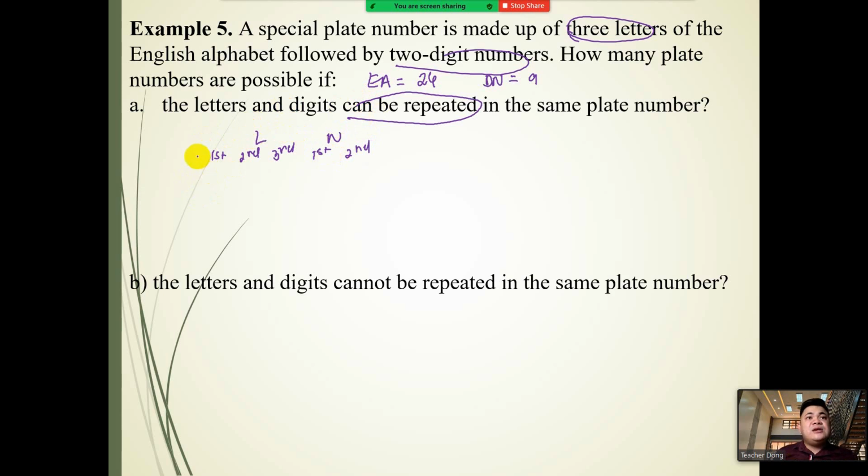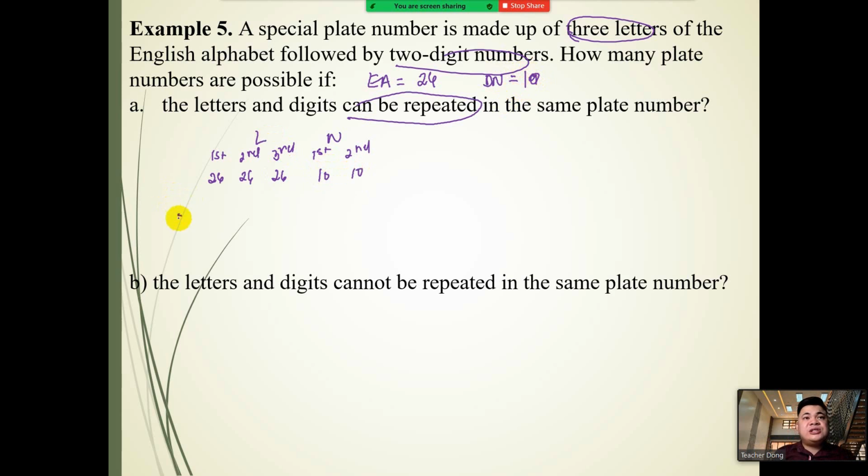Now, for the letters, since they can be repeated, for the first letter we have 26 choices. And since we can repeat, in the second we also have 26, and in the third we also have 26. And then for the digits, we have 10, starting from 0 up to 9. So for the first digit, we have 10 options, and for the second, we also have 10 options.